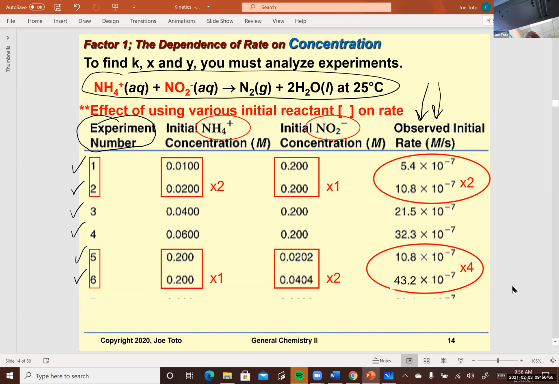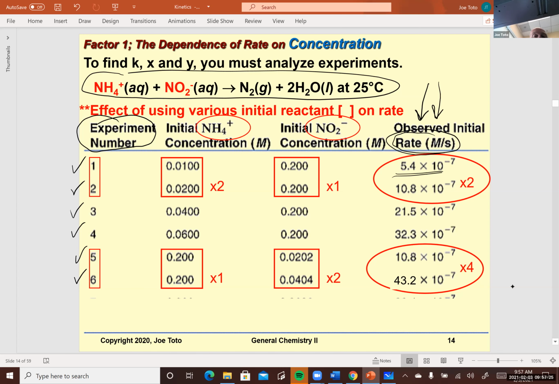Or maybe you titrated a sample as time goes on and experimentally determine how the concentration is changing. They don't tell you, but you don't need to know how these rates are calculated. You just need to know that they were calculated and they have the usual unit, which is molarity per second.